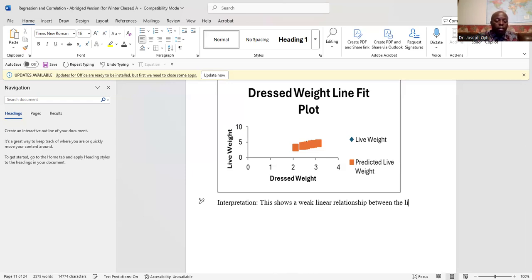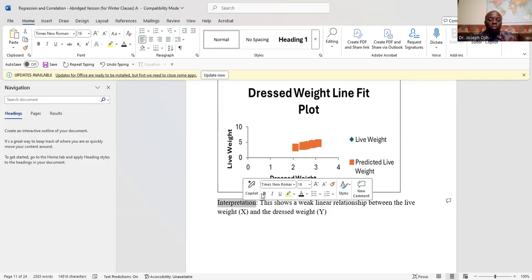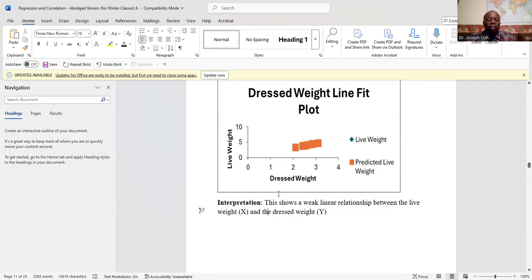The live weight, which is the X variable, and the dress weight, which is the Y variable. There is a linear relationship between the two, but it's not very strong, based on this chart. Now, that's the first question.